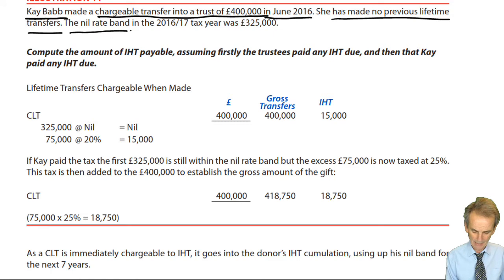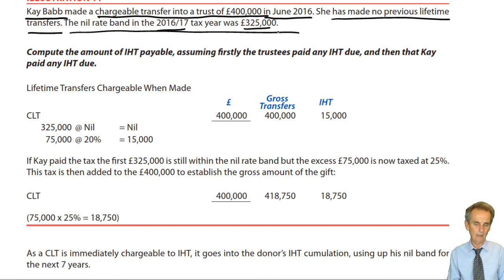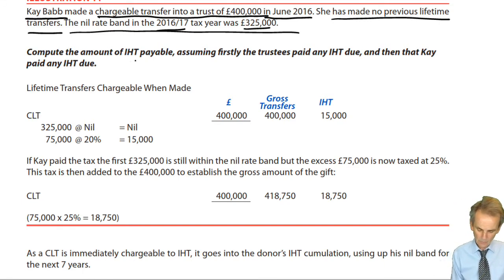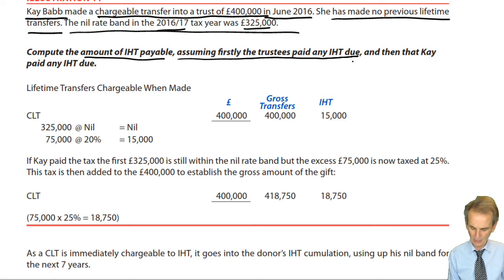The nil rate band, as you already know anyway, back in the tax year 16-17, was 325,000. So we've had that since 09-10. And what we've got to do is compute the amount of IHT payable, assuming firstly that the trustees paid any IHT due.